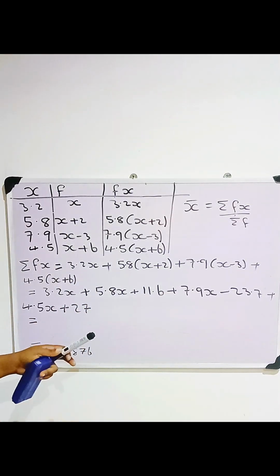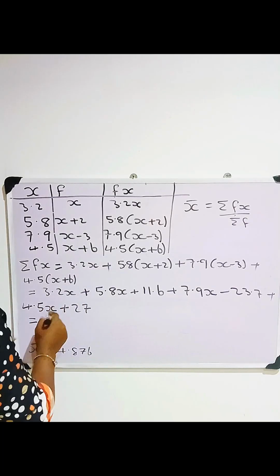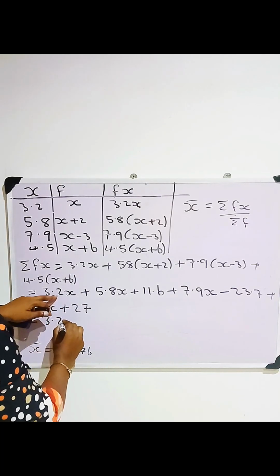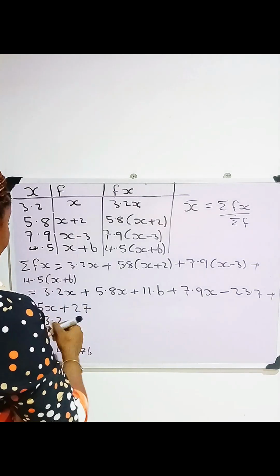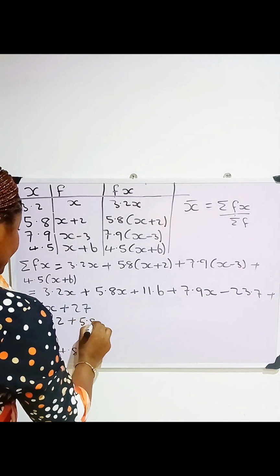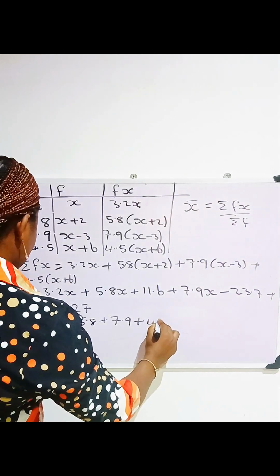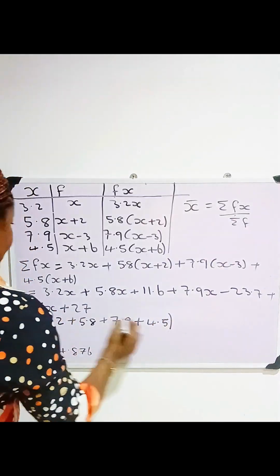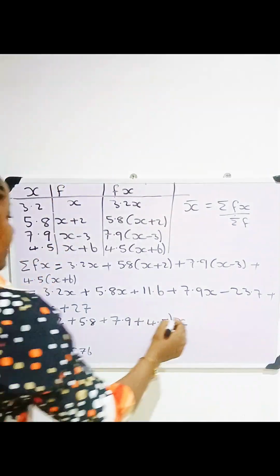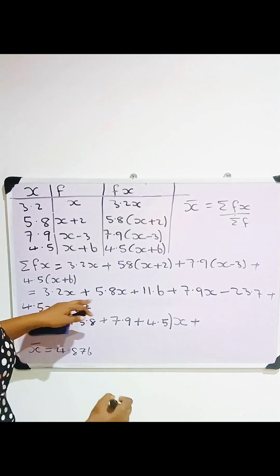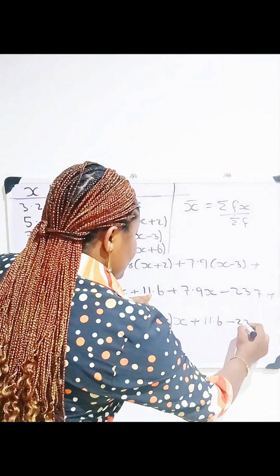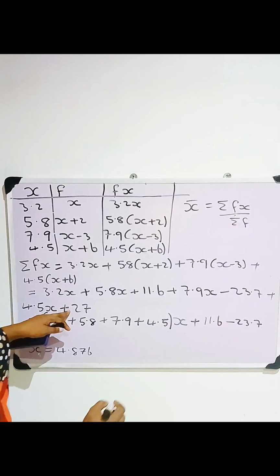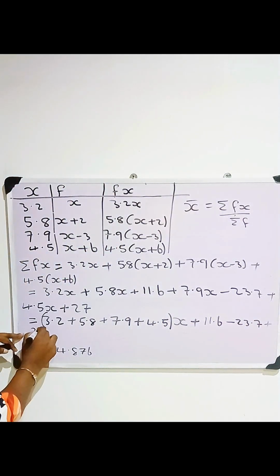Now let's take the like terms and factor out x: 3.2 plus 5.8 plus 7.9 plus 4.5, all times x, plus 11.6 minus 23.7 plus 27.